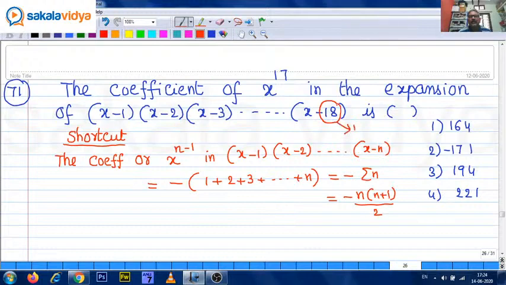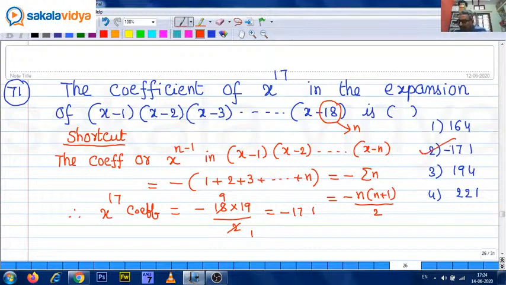So the coefficient of x to the power of 17 is minus 18 times 19 by 2, that is 9 times 19, which is 171, negative of 171. So the second option is the right option.